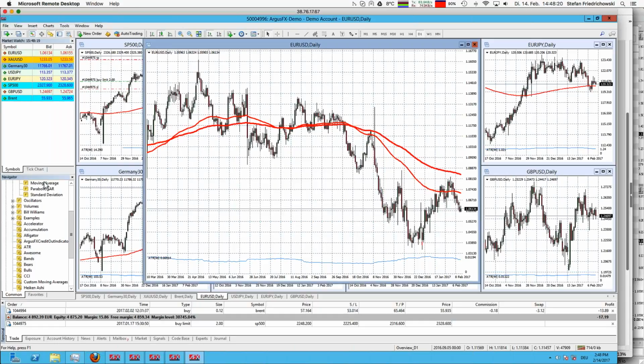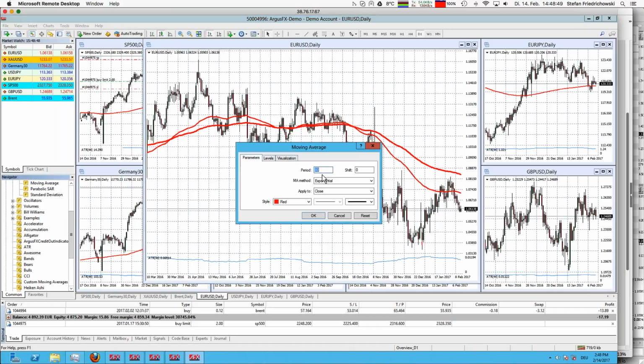Now we take another moving average, once again a little bit thinner, and the EMA period choice will now be 40. So let me check what's going on. Now we have it 40 and a little bit thinner.